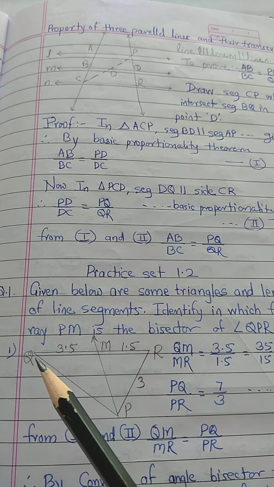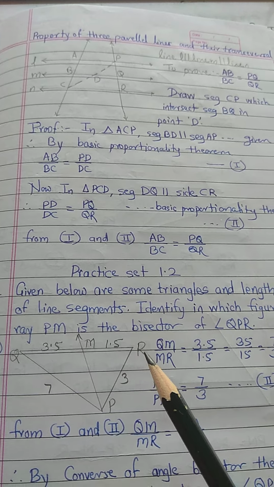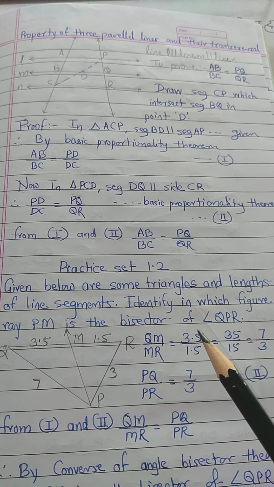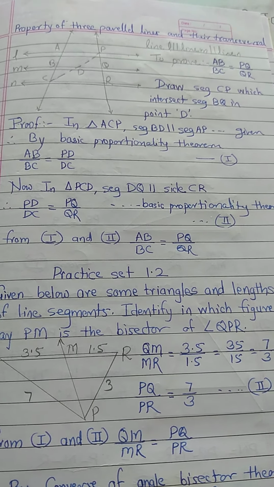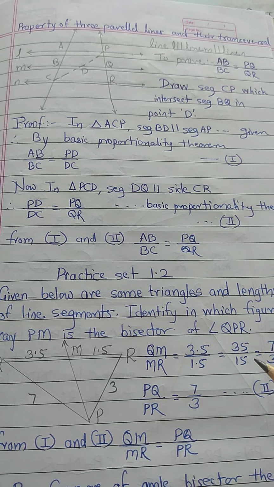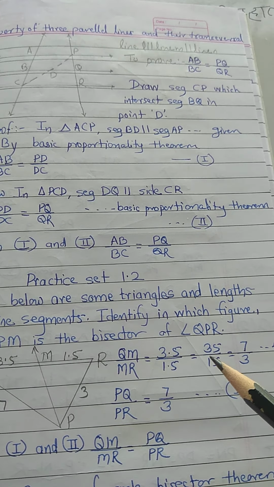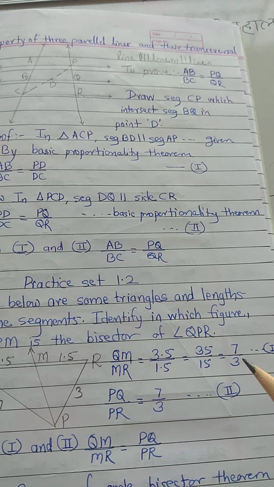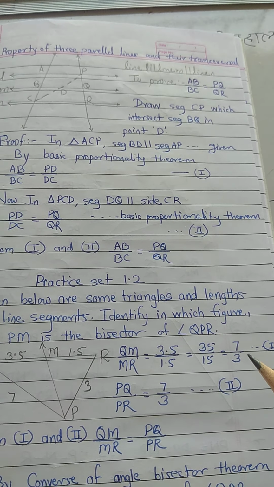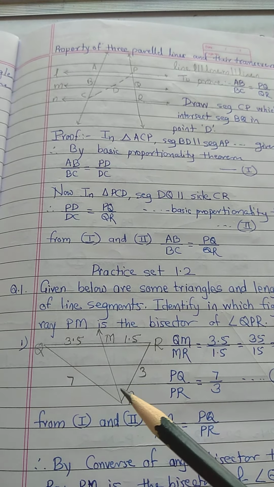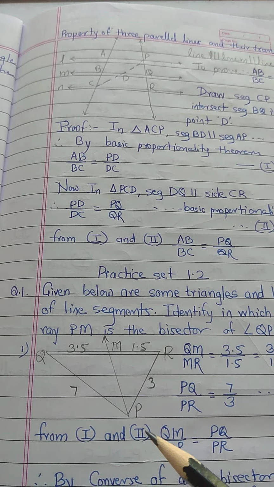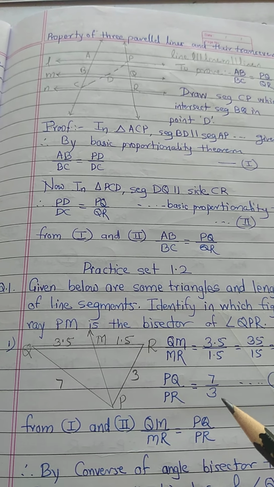Let us check the ratio QM upon MR. That is 3.5 upon 1.5. That is 35 upon 15. 5 sevens are 35, 5 threes are 15. So the ratio is 7:3. Next ratio is PQ upon PR, which is also 7 upon 3.